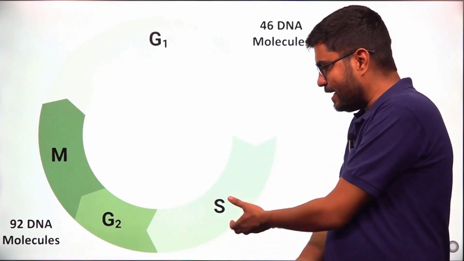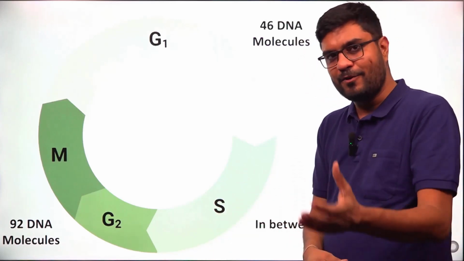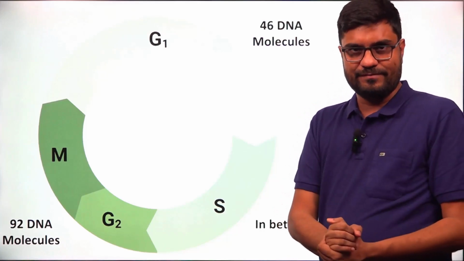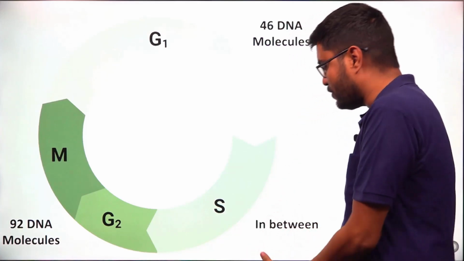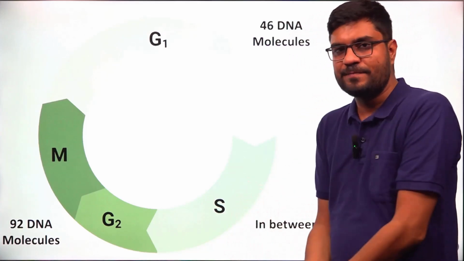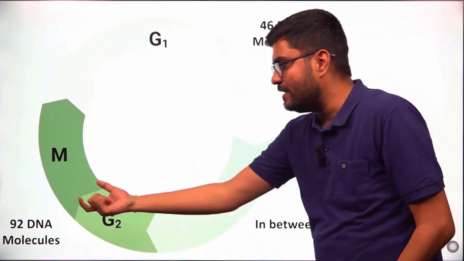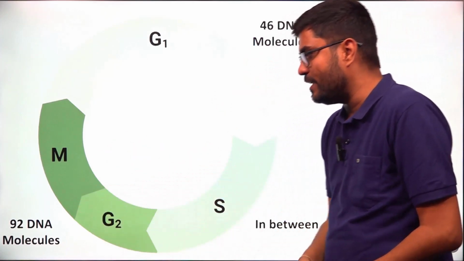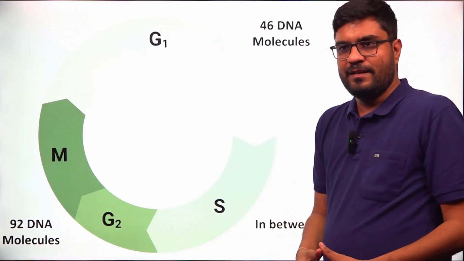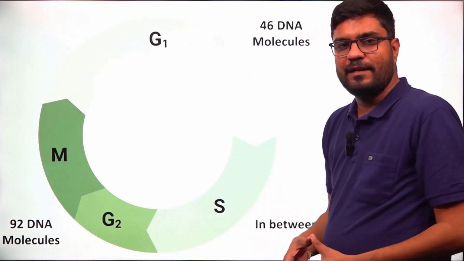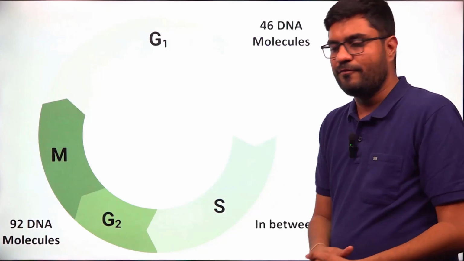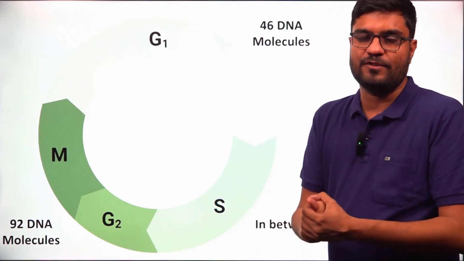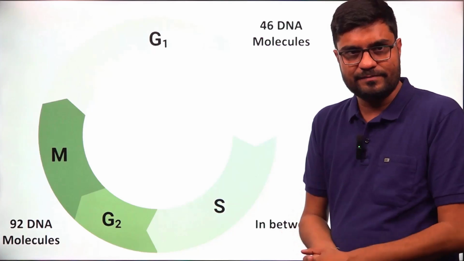If the cells are in between the replication, then the amount will be different. And if the cells are at the end of replication, the amount will be different. So how much amount of DNA will be there in S phase, between X and 2X, or between 46 DNA molecules and 92 DNA molecules, is depending upon at what stage of replication the cells are, or how much percentage of replication is completed, right?